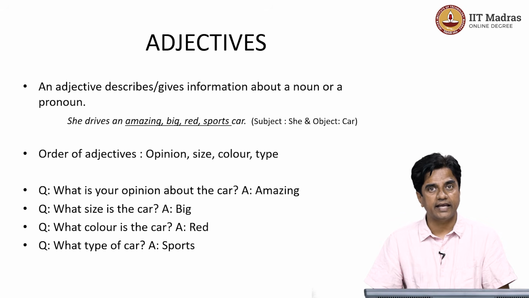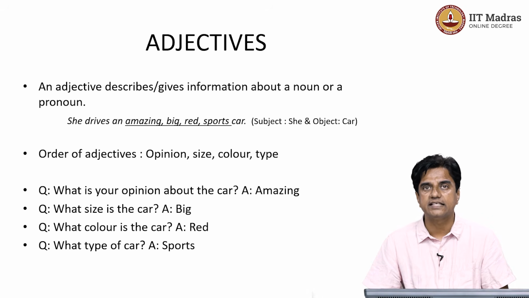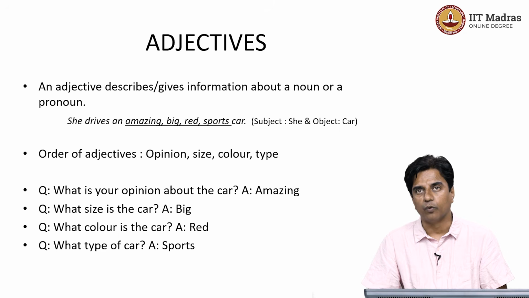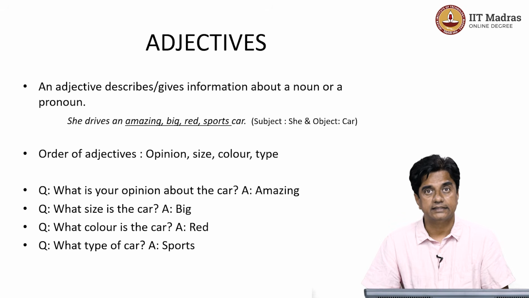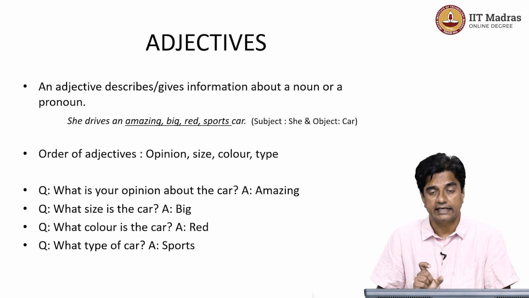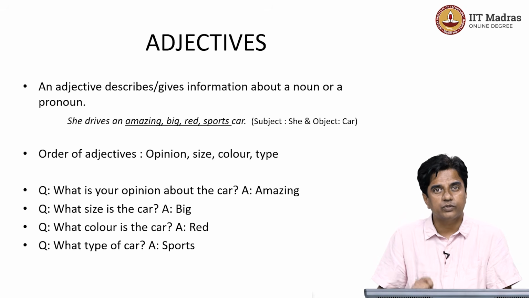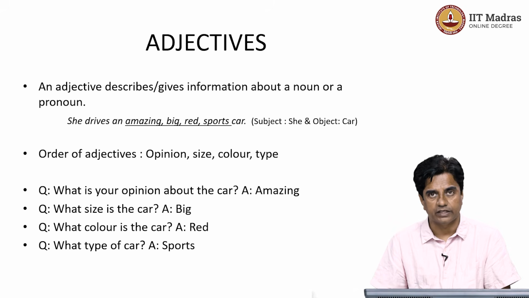So when we say an adjective is a word that describes a noun, it automatically means it also describes a pronoun. Look at this example that is given to you. She drives an amazing big sports car. There are several words that are underlined and italicized. What are those words? Look at them carefully.